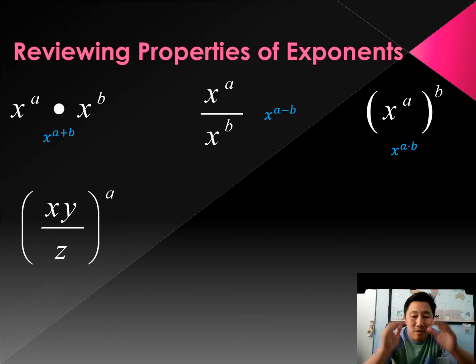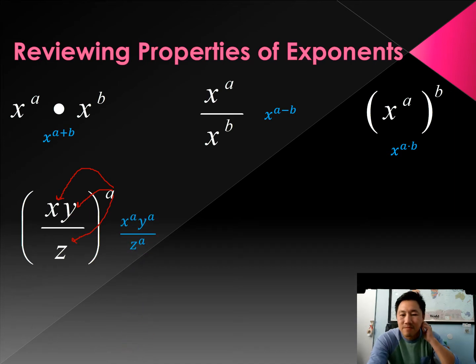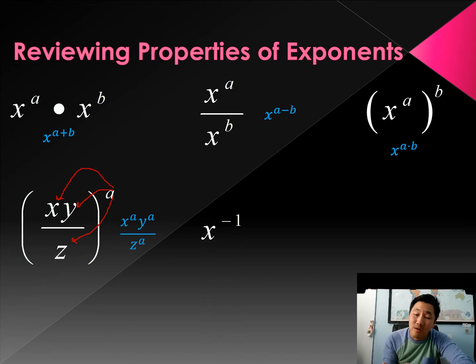When you have an exponent outside of a whole bunch of things in parentheses, you basically just give everything inside that exponent. So x to the a, y to the a, and over z to the a. How about x with a negative exponent? -1 exponent.